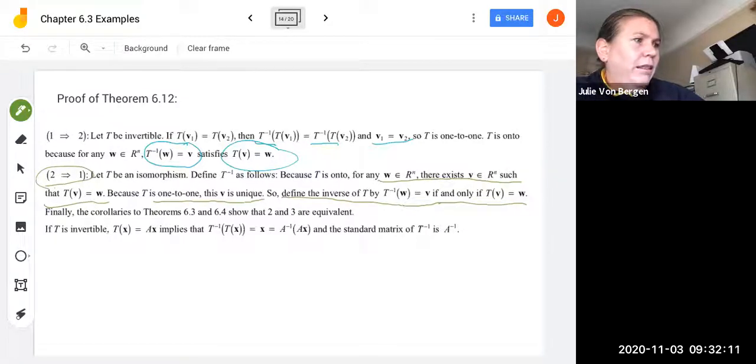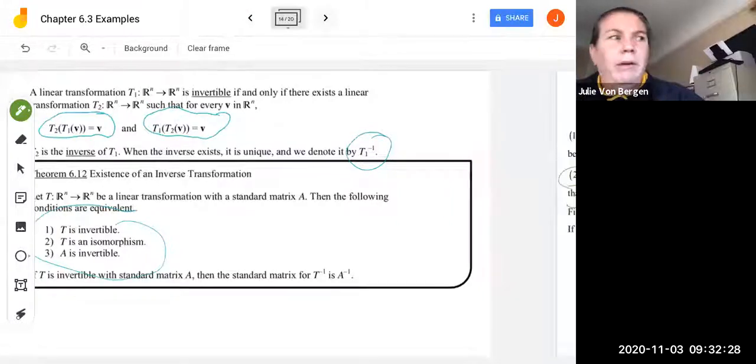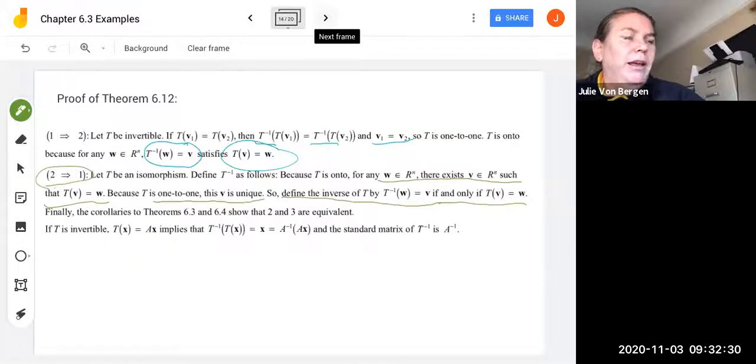And then the corollary to theorem 6.4 was the one that said the column space of A is equal to the range of T. So that shows this equivalency between T being an isomorphism and A being invertible, because we have the column space equal to the range, and we have the kernel equal to the solution space.